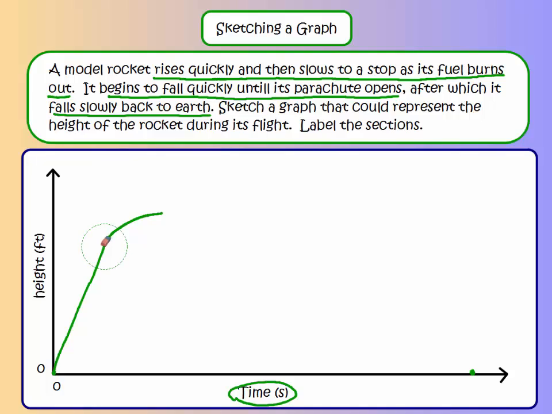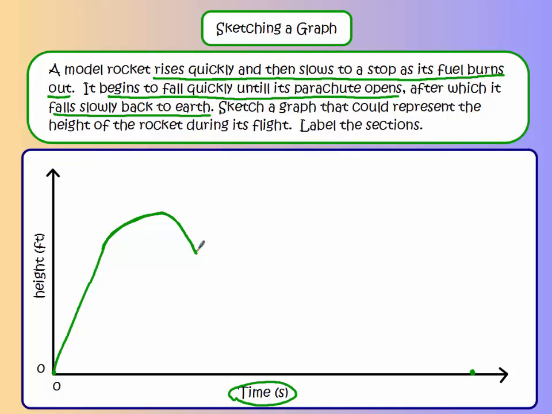So the fuel starts to burn out. It's not rising nearly as quickly until it gets to a point where there's no more fuel and it starts to fall. And it's falling quick like that, almost as quick as it was going up.